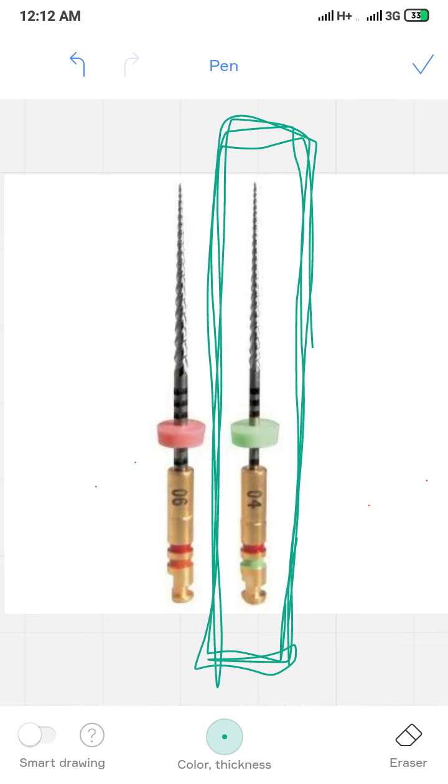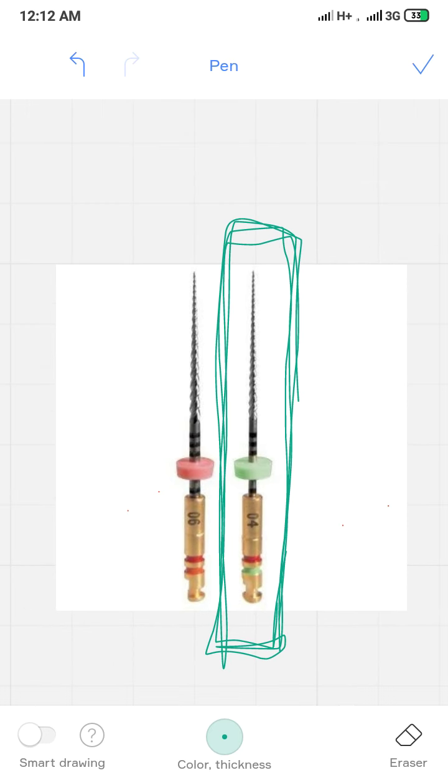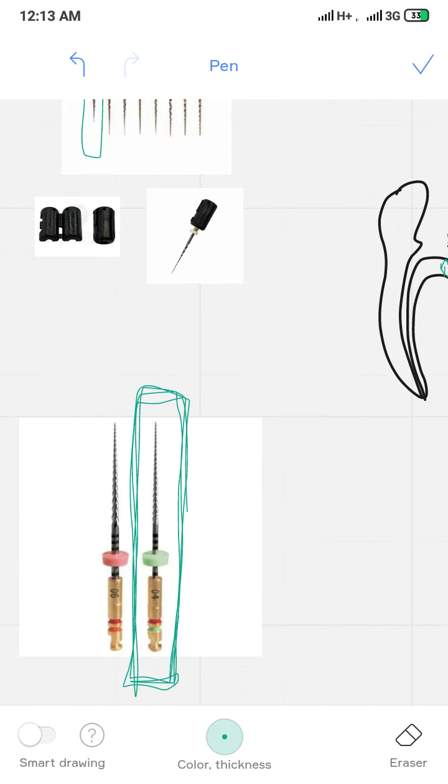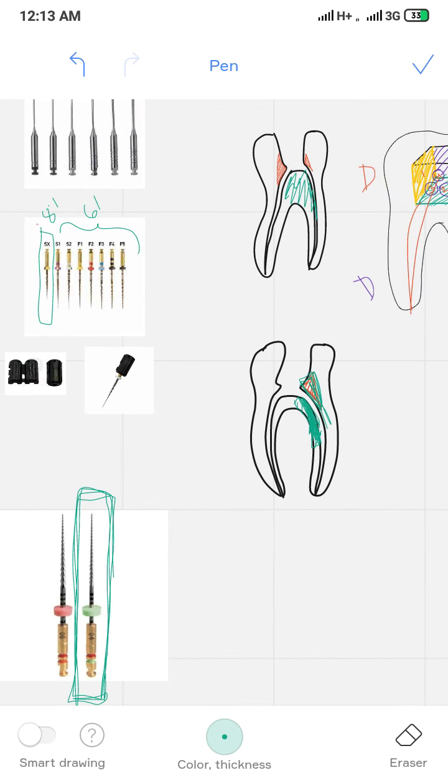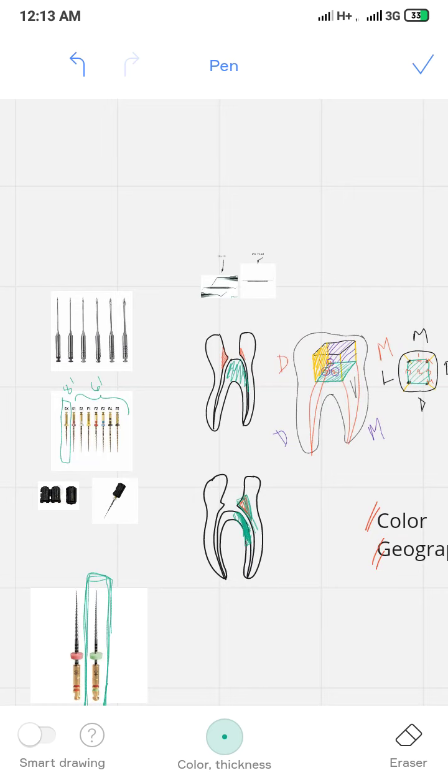In exchange, you get better penetration of your irrigation solution, but you lose a lot of tooth structure, especially coronally. But with 4%, it's the best of both worlds. You remove a little less tooth structure, and you also get a decent amount of irrigation solution inside the canals.